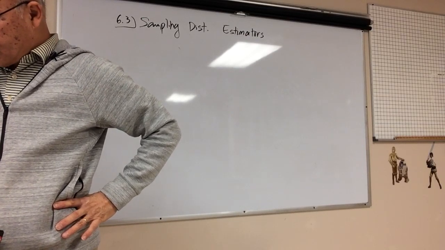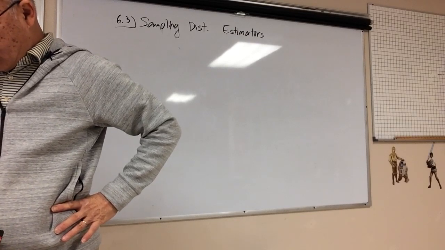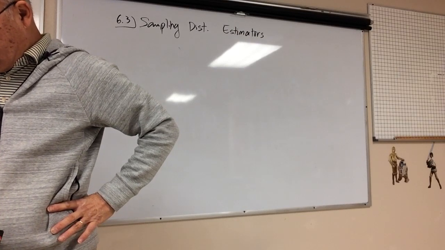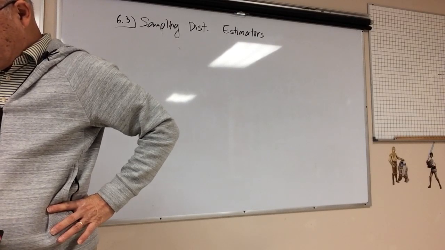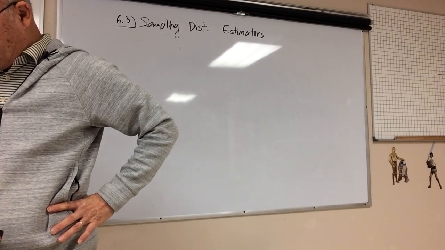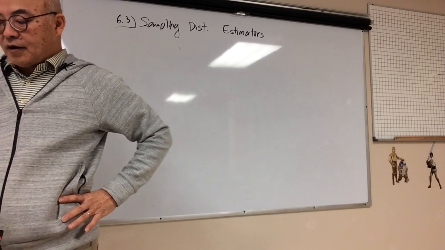If 2 ages are randomly selected with replacement from the population, identify the sampling distribution of the sample mean by creating a table representing the probability distribution of the sample mean. Do the values of the sample mean target the value of the population mean? Okay, all right, good, thanks.